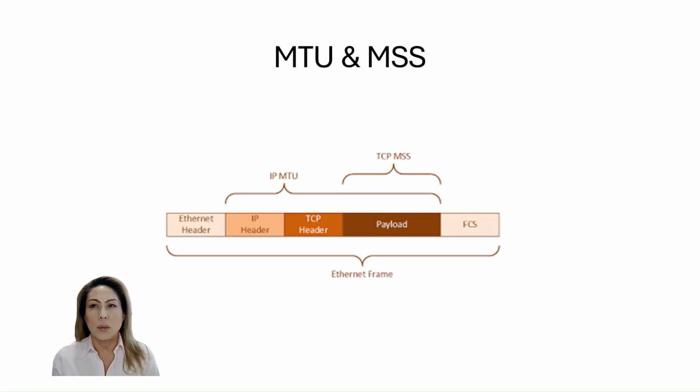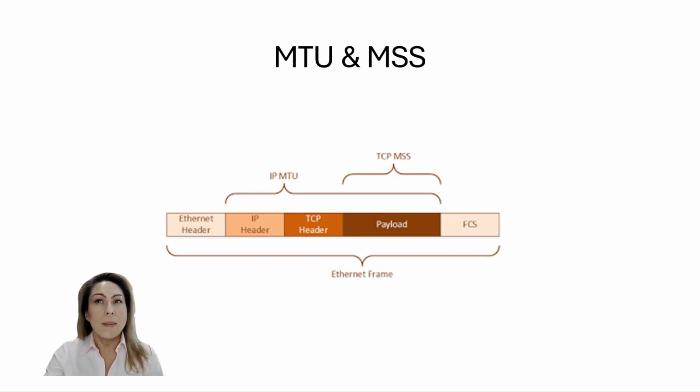If the MTU is set too low, it can result in inefficient use of the network bandwidth. So for example, Ethernet MTU is typically 1500 bytes, and say IP version 4 has a standard MTU of 576 bytes. And so the MSS is the maximum segment size, the maximum amount of data that can be included in a single TCP segment.